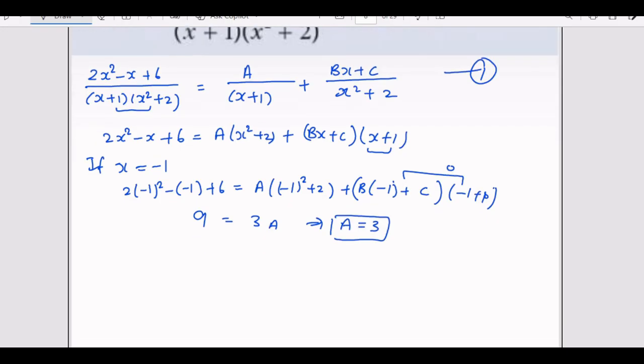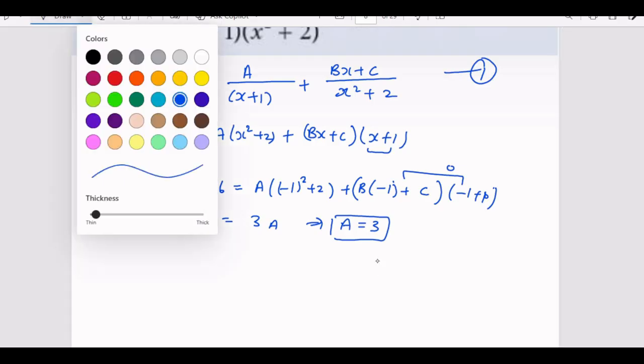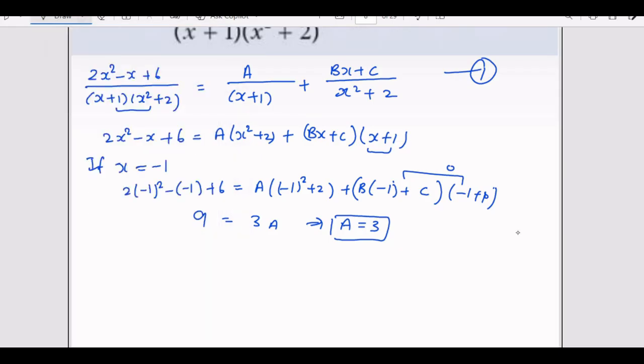Now for the values of b and c, we can equate the coefficients as well. It's easy here because there is no actual need to expand the bracket. So I am equating the coefficients of x squared.